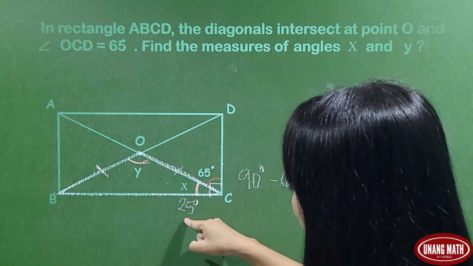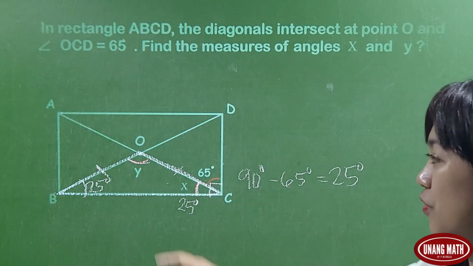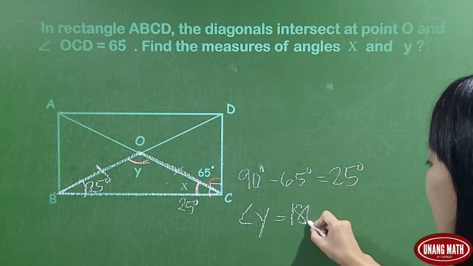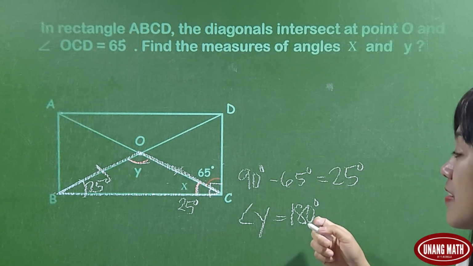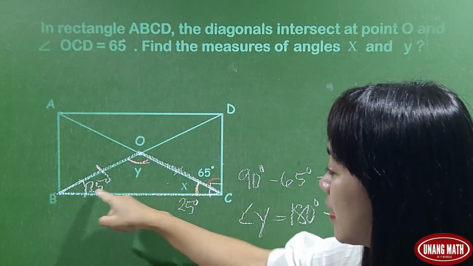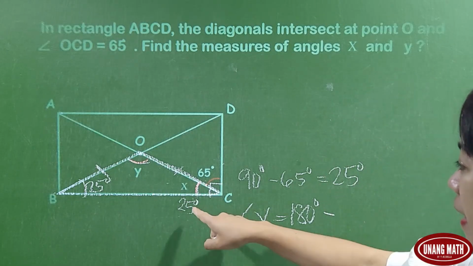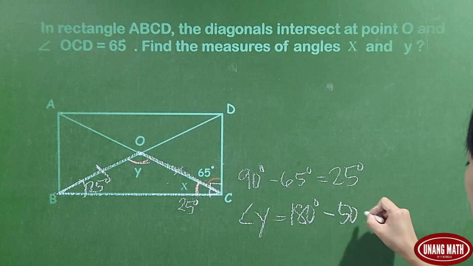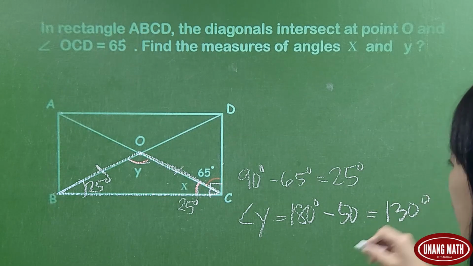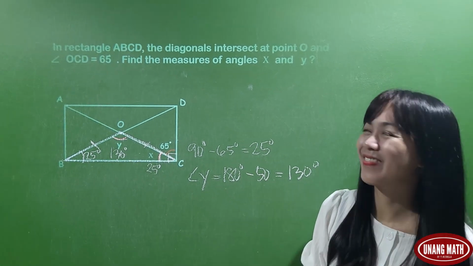If this is 25 degrees, then this is also 25 degrees. To find the measure of angle Y, 180 degrees, the sum of the three interior angles, minus the sum of these two angles, 25 and another 25, so minus 50. So angle Y is 130 degrees. So this is 130 degrees.